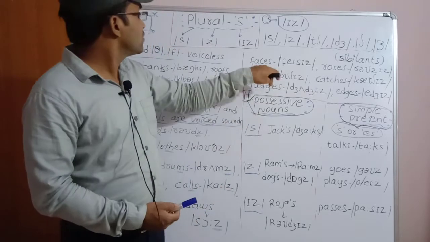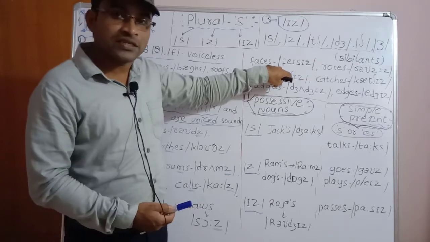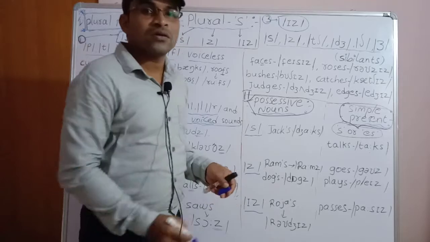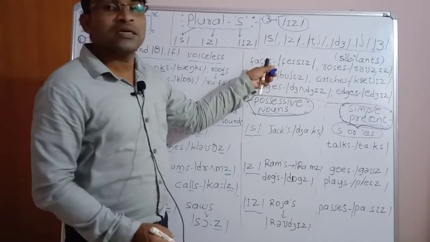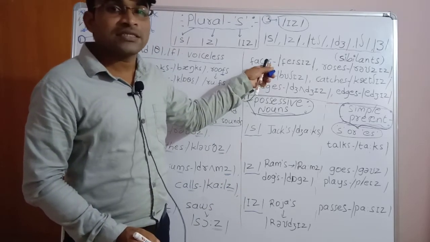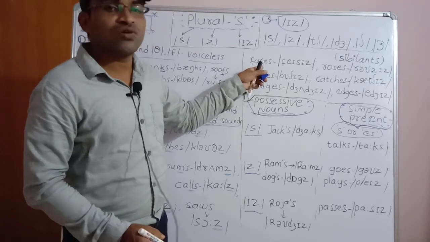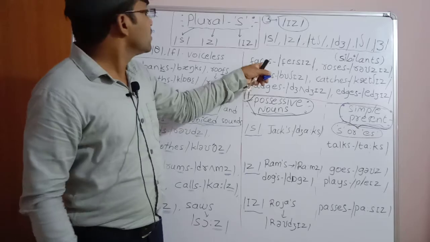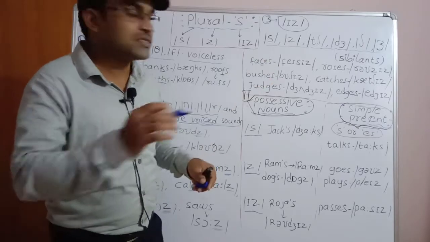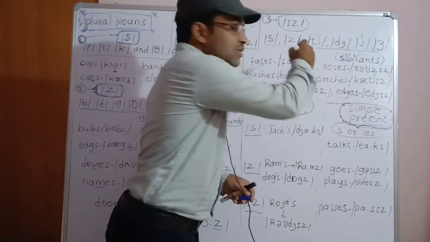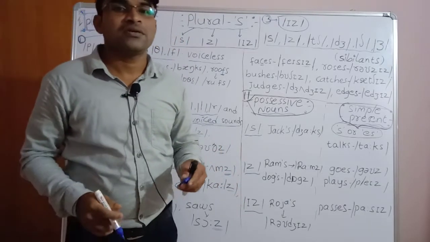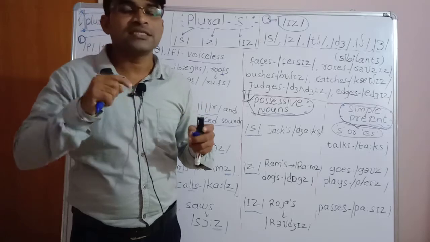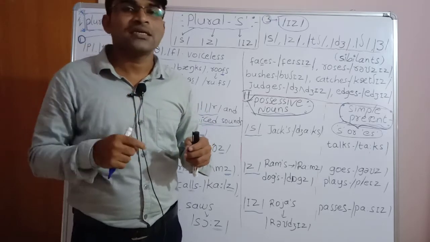For example, face, faces. The suffix s is added. Here the sound is sa. Face. Here the suffix is pronounced as is. Faces. Glasses. Classes.